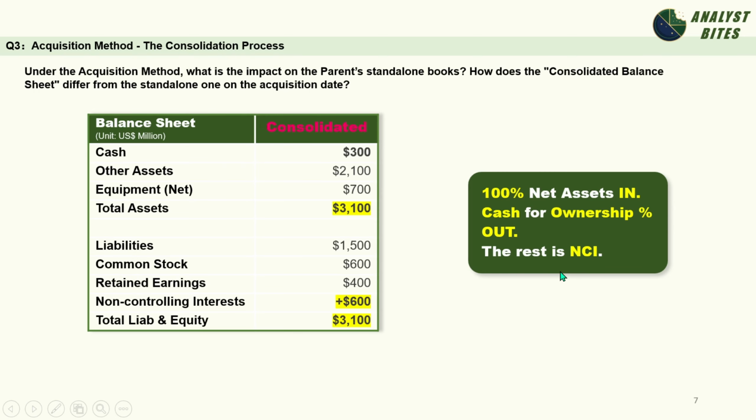The rest is NCI. And let me give you a quick pro tip. In real accounting, we must eliminate the investment account first. This avoids counting the same asset twice. Just keep this concept in mind for now. Alright, the hardest part is over. Stay with me, the logic is about to become crystal clear.